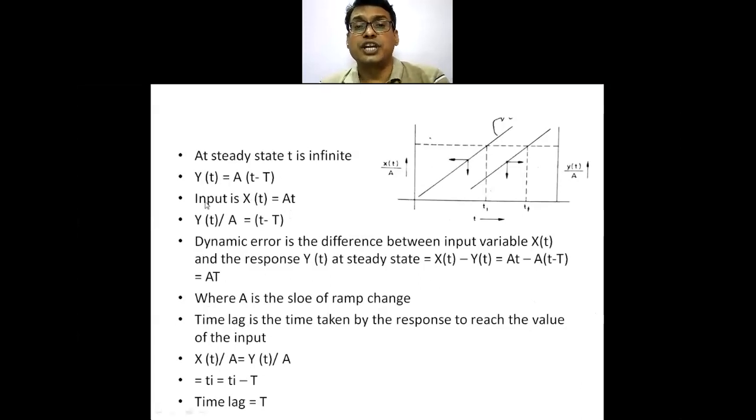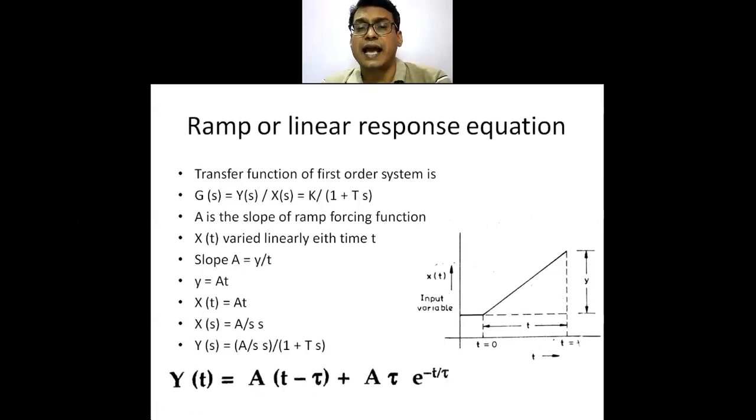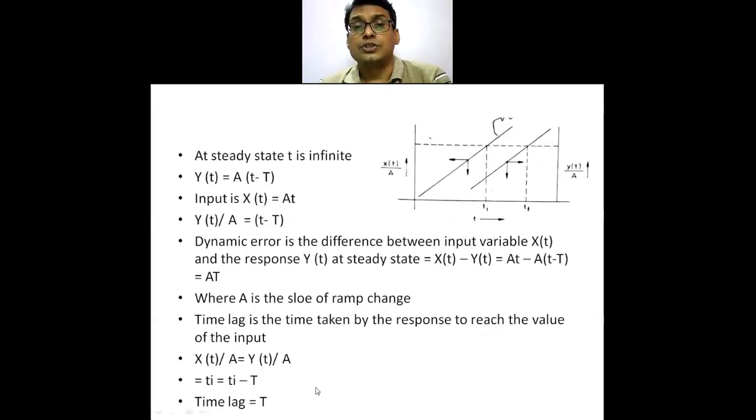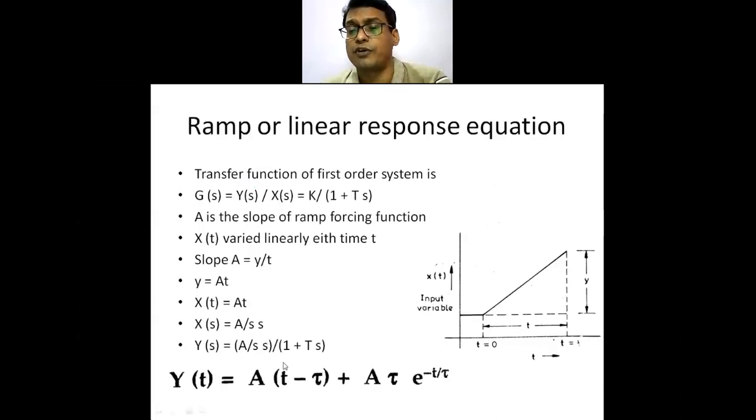So x(t) is my input, then y(t) is equal to A t minus tau. If I substitute t as infinity, this y(t) becomes equal to A into bracket t minus tau. This term of e raised to will become equal to 0.